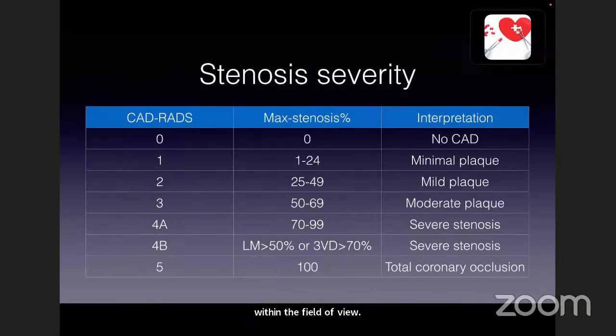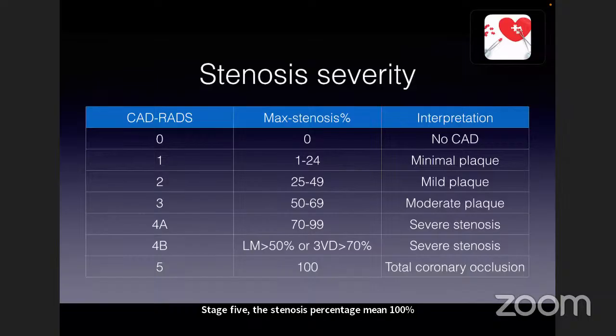Stenosis severity is most likely like the normal invasive coronary angiogram. There is the percentage and there are stages. Stage 5, the stenosis percentage means 100%, total coronary occlusion.